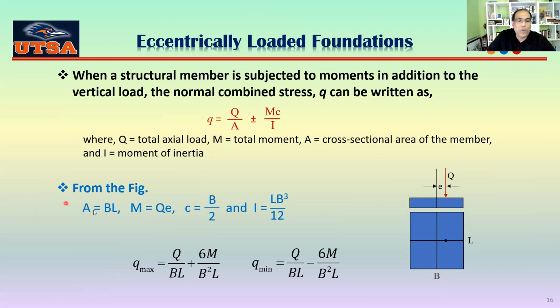So if I show that here, area equal to B into L, Q equal to Q, moment equal to Q into E, C equal to B by 2 from here to here, and your I along that axis is LB cubed by 12, then if we plug those values in this equation, we get Q max equal to Q by BL, BL is the area, plus 6M by B square L. Similarly, we get our Q min equal to Q divided by BL minus 6M divided by B square L. Okay.